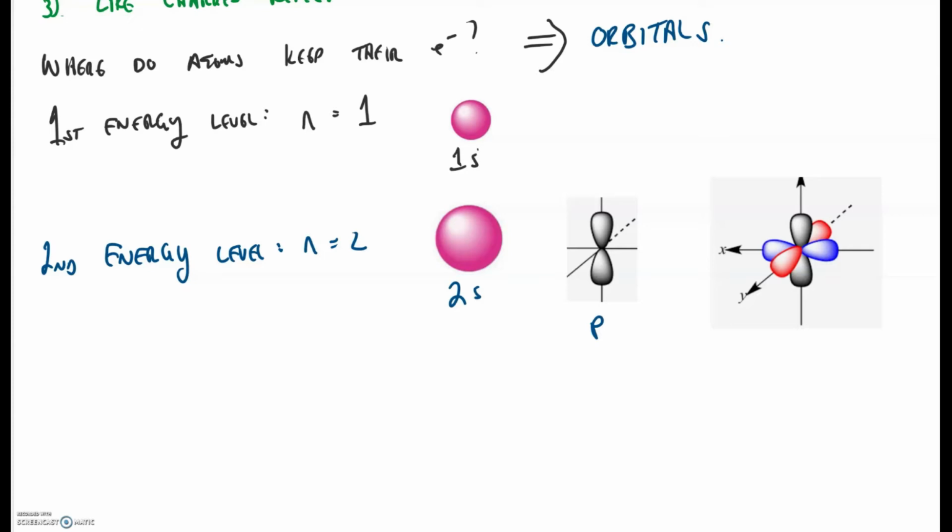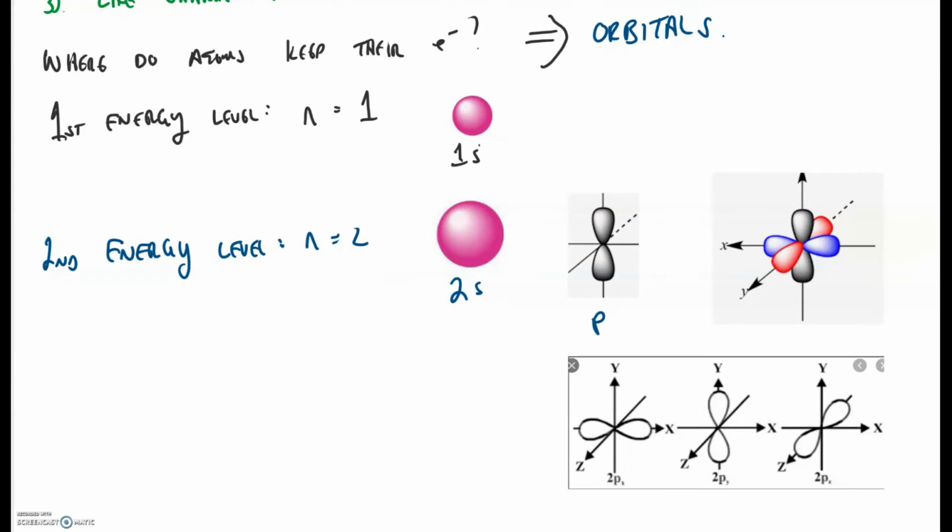And individually they look like this. We'll call this one, since it's on the x-axis, the 2px. This one's the 2py, and this one's the 2pz. They're all identical. The only thing that's different is the way they're pointing. And there are 3 of them.